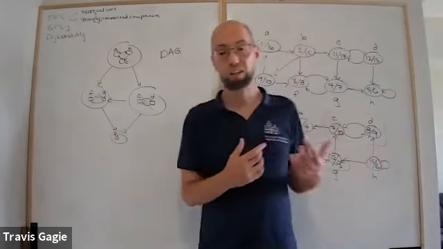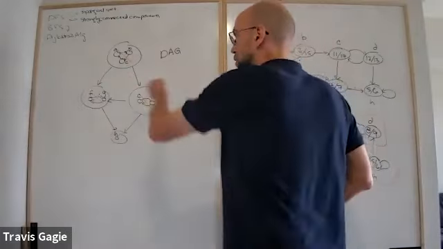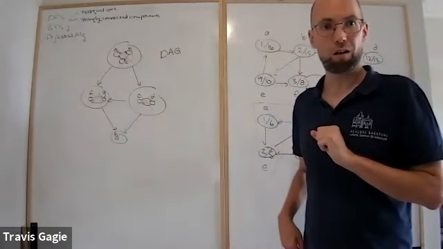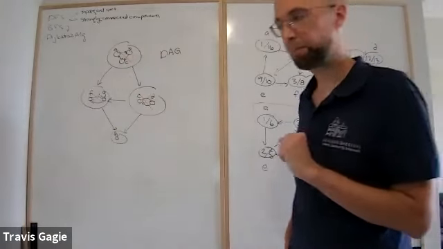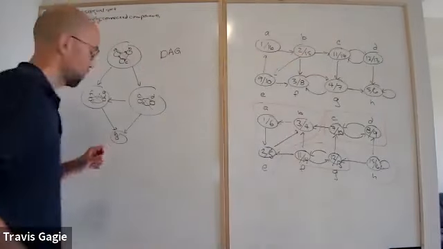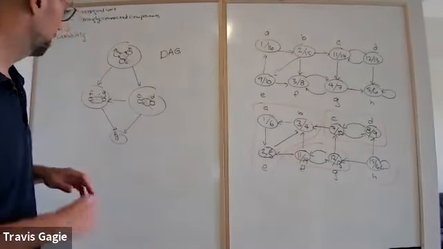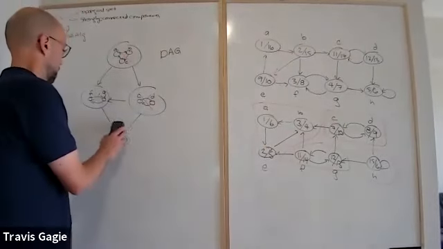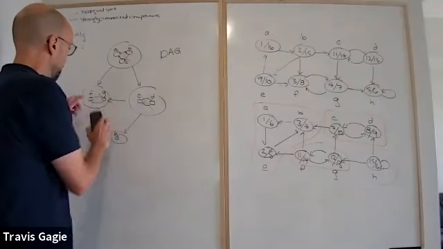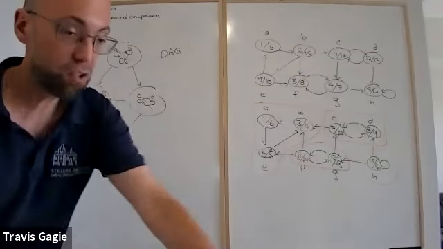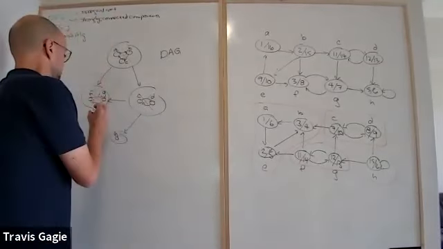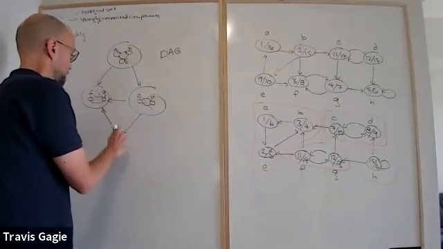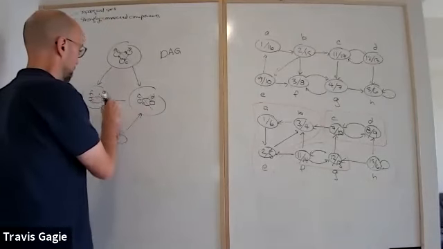Because when you take the transpose, you're essentially reversing all of the edges here. So now, because you could get from F and G to H, when you flip the edges around, you can get from H to F and G.